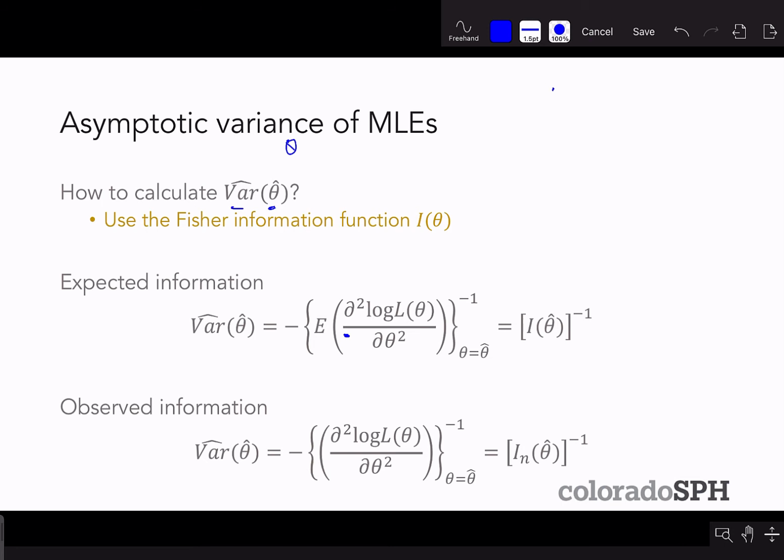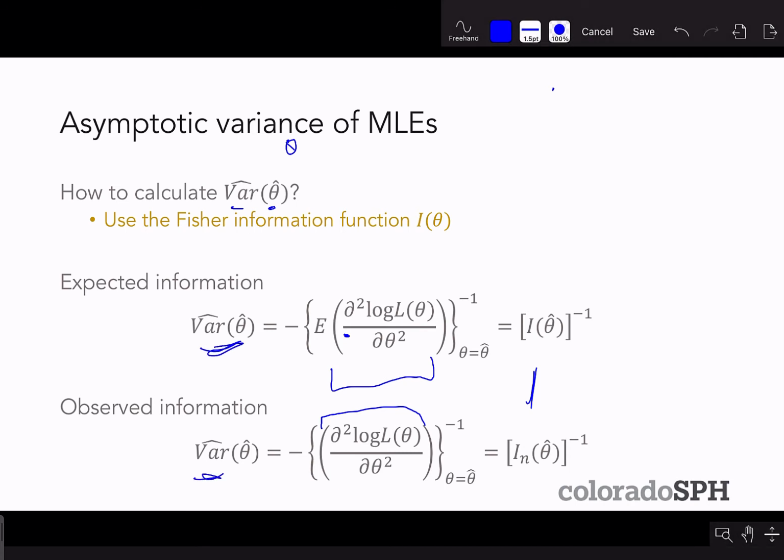You have the expected information here. That's when you take the expectation of that quantity of the second derivative of the log likelihood, and then the observed information is just the same thing but without that expectation around it. And both of these, if you take the inverse of these values, they give you an asymptotic estimate of the variance of theta.